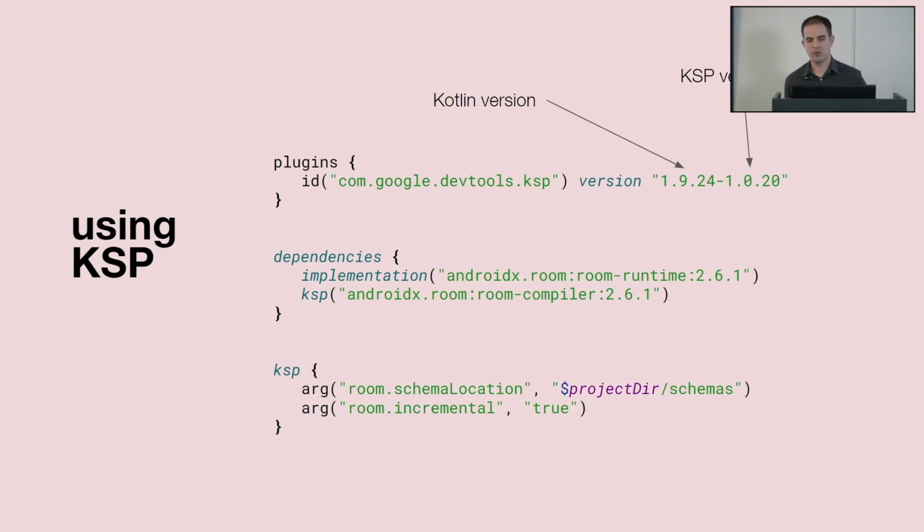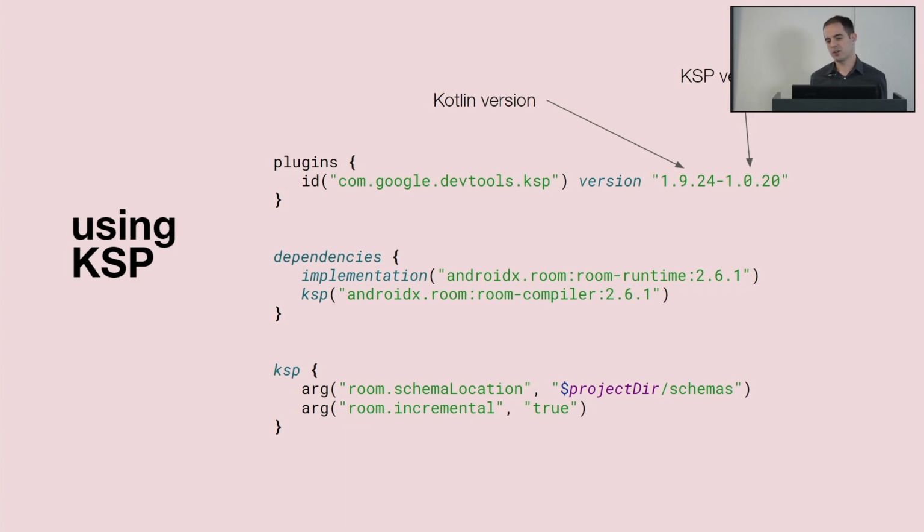And it also has its own version number, which is based on semantic versioning, and you can also update KSP when it has new versions. The same KSP version, for example 1.0.20 here, has different Kotlin versions.